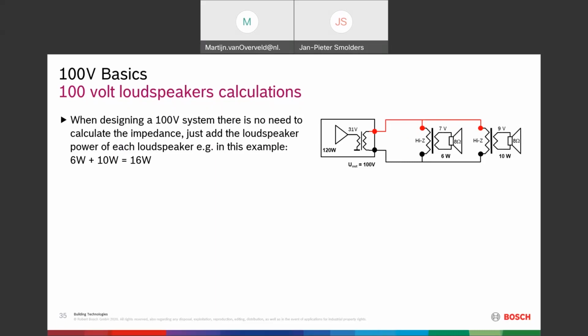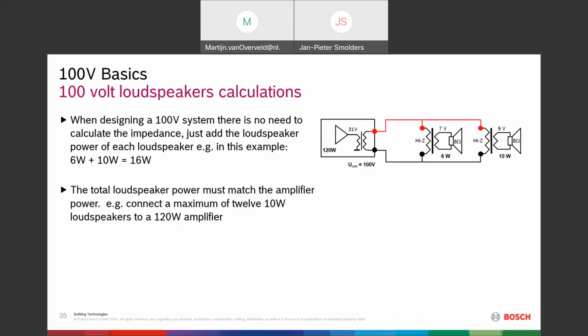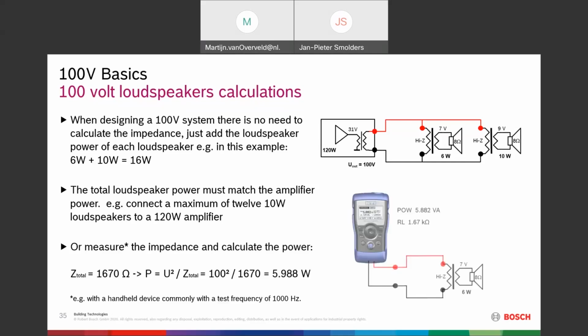So that's easily done. You can just add it all up. Now this must match, of course, the power of the amplifier. So in this case, if you have a 120 watt amplifier, you could connect maybe twelve 10 watt loudspeakers. That's just an example. You can just add the power of these loudspeakers altogether.